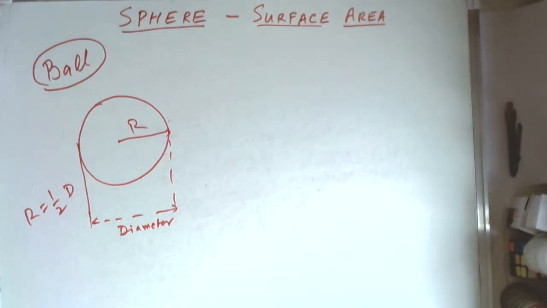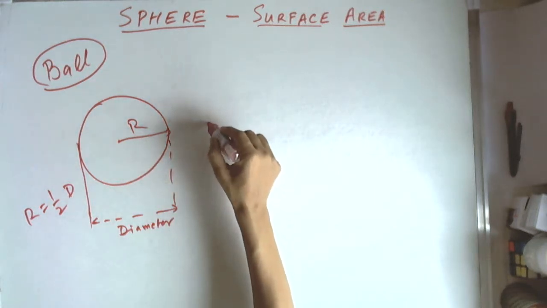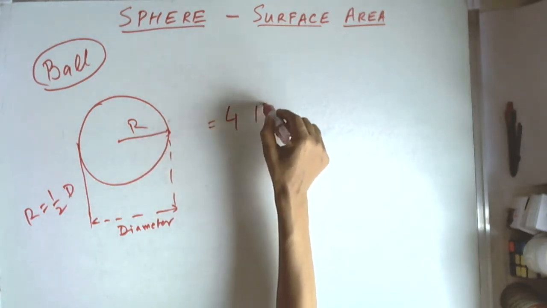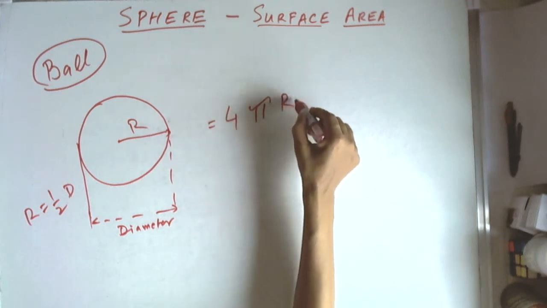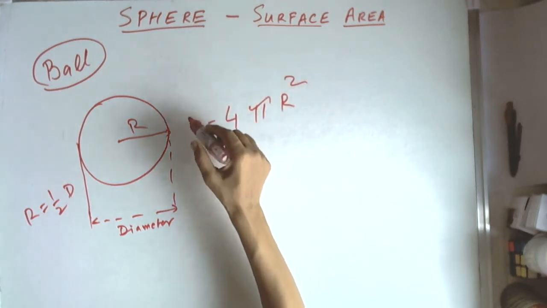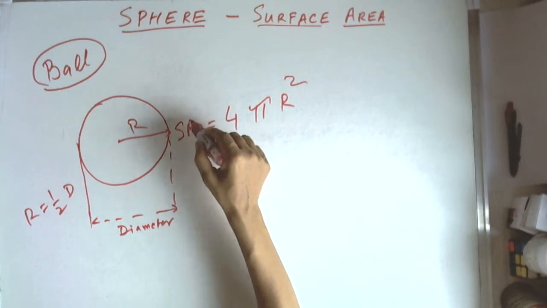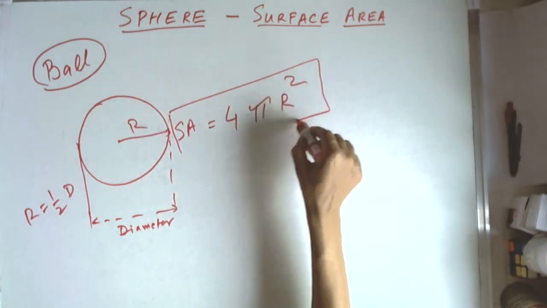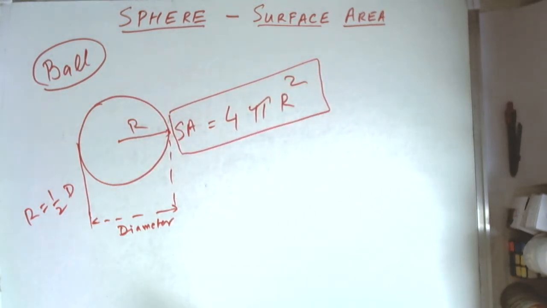Now what is the surface area of a sphere? The surface area of a sphere is equal to 4 pi r square. So it means the surface is all around it.